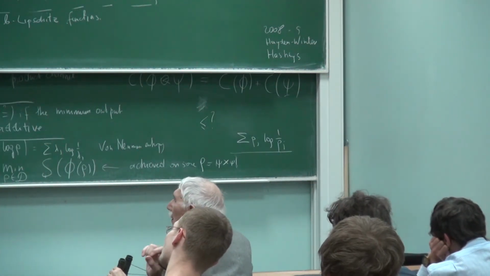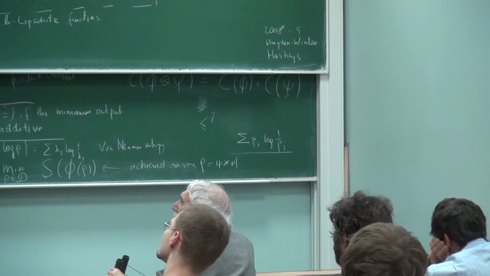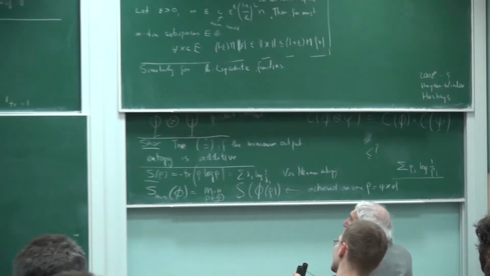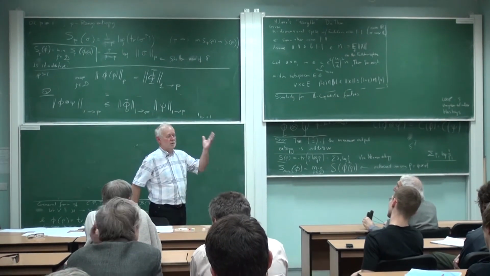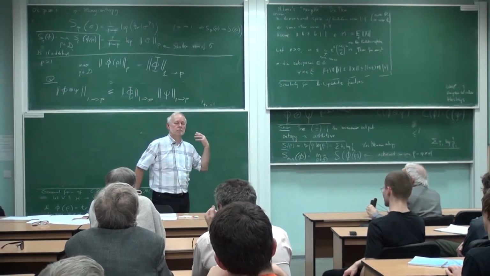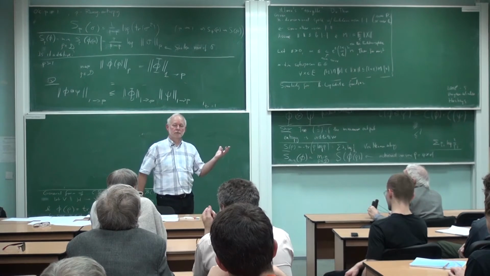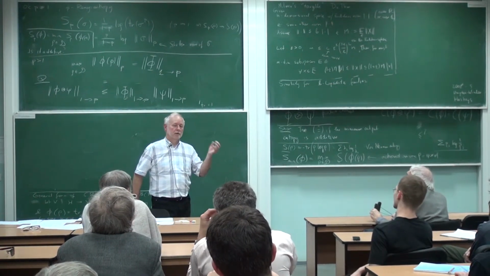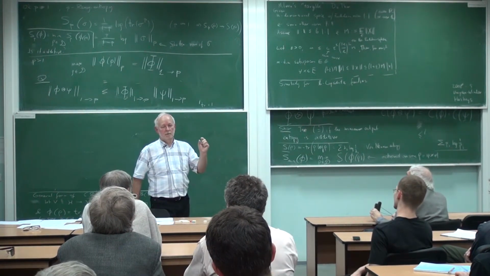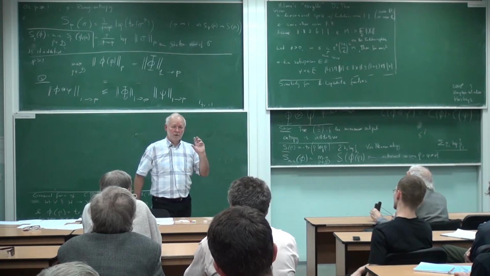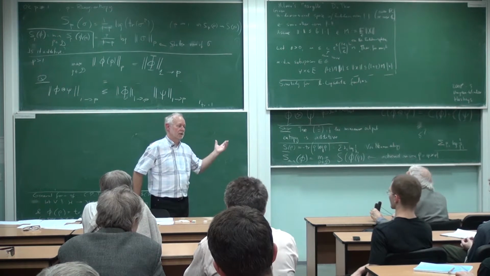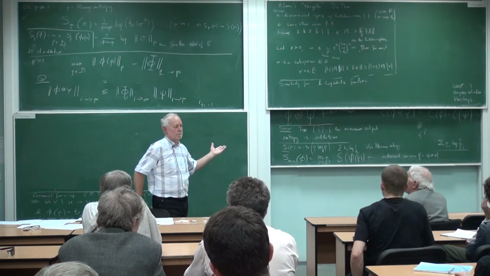So the question is whether this is good or bad. On one hand, it's bad because the theory would be much simpler if this was true, right? On the other hand, it's good because this means that conceivably it is possible to send information much more efficiently using quantum phenomena.